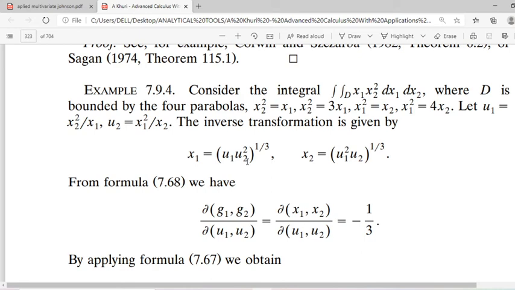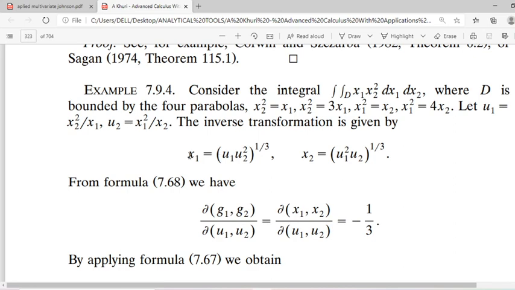So what is x1 in terms of u1 and u2? Using these equations, let us multiply u1 with u2 square and take the cube root.